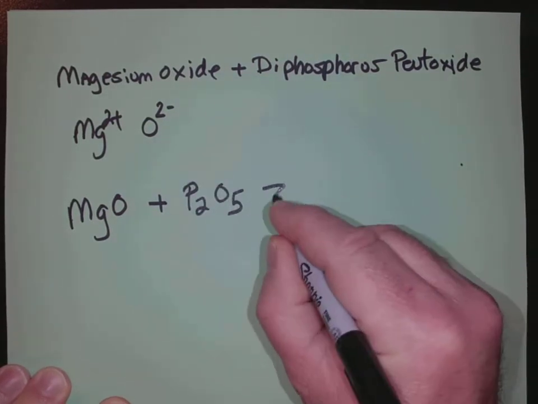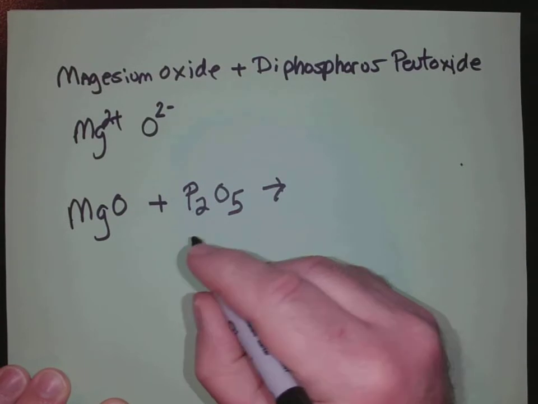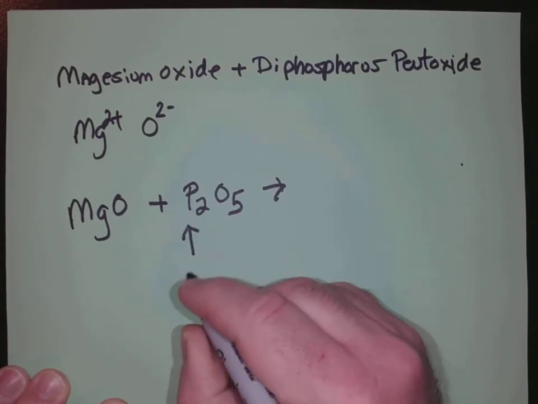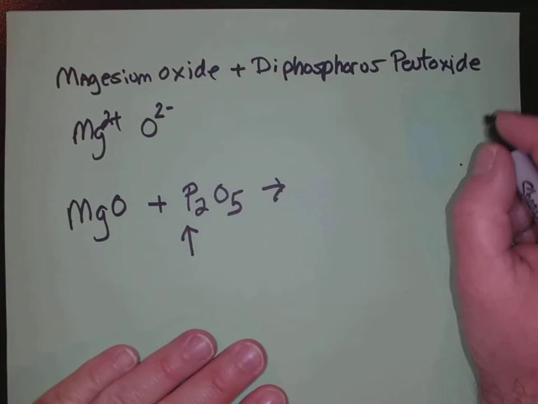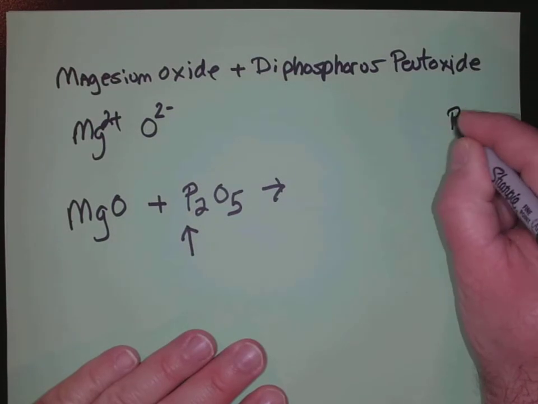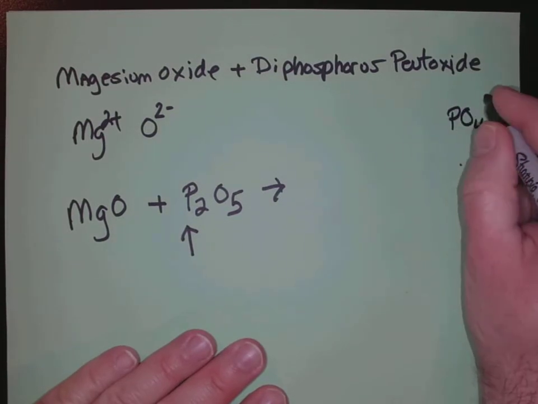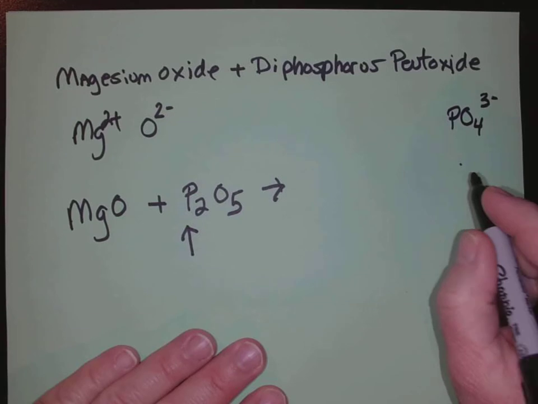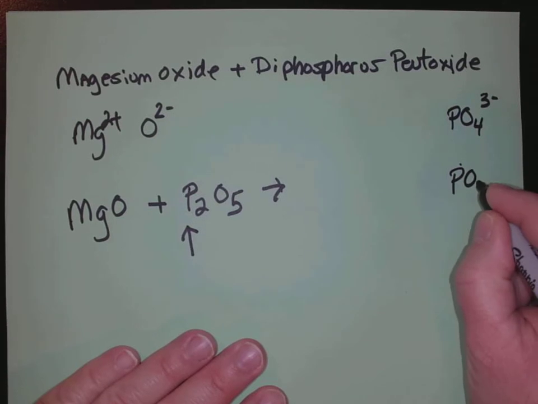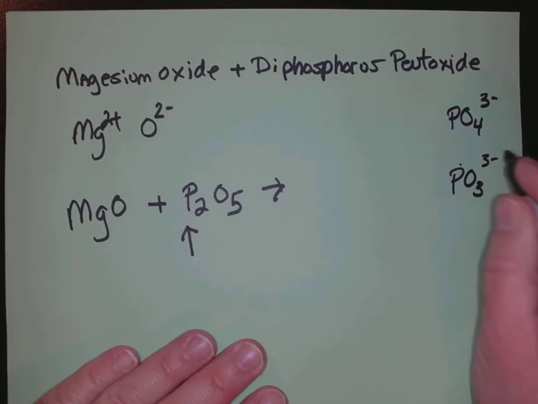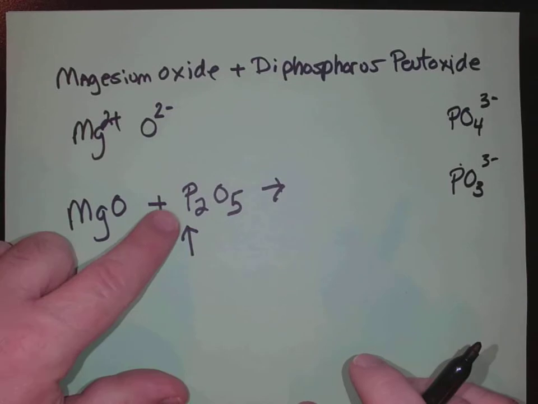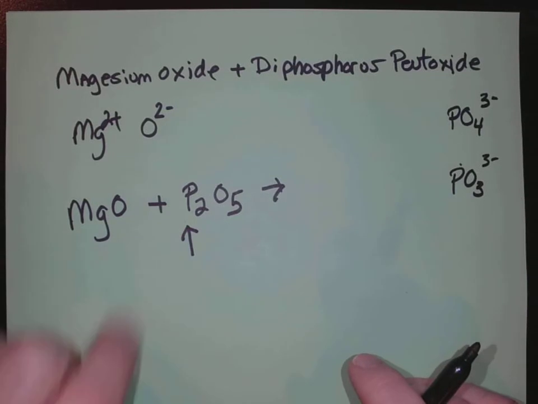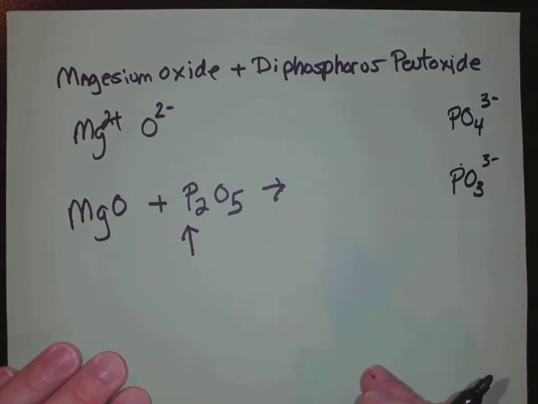All right, so again, this is our stem. Our stem is phosphorus. So what polyatomic ions that have phosphorus in it? Well, you know we have phosphate with a PO4 3-, and we have phosphite. So which one of them has the same oxidation number as that phosphorus? That's the one you're going to choose.